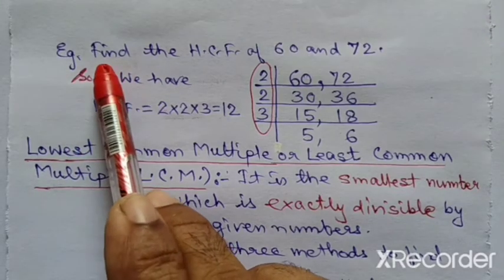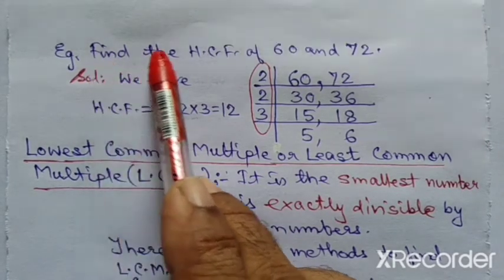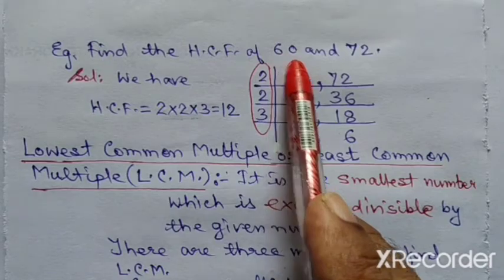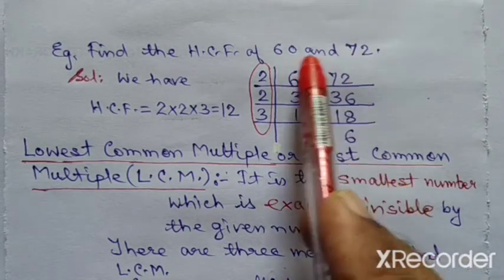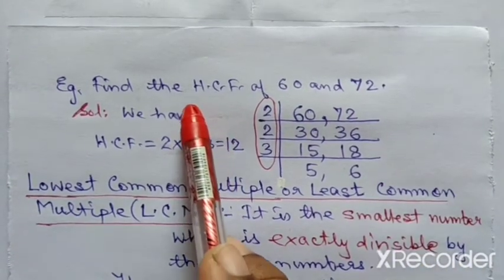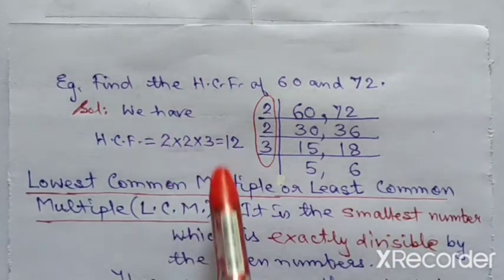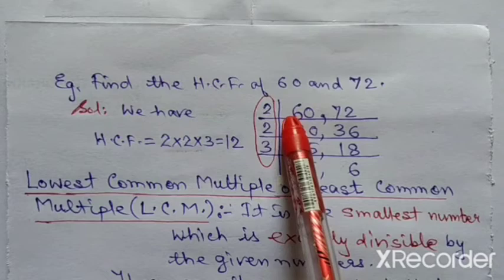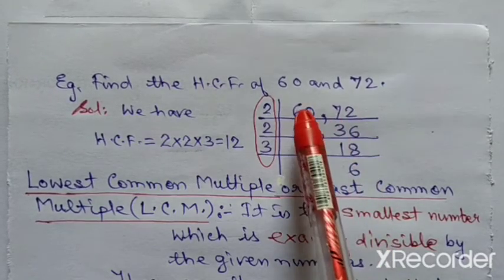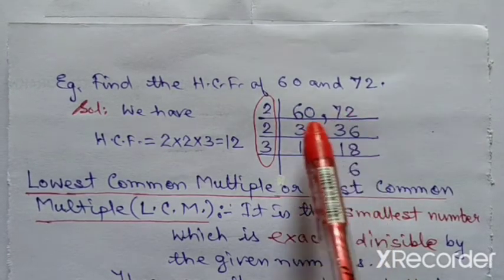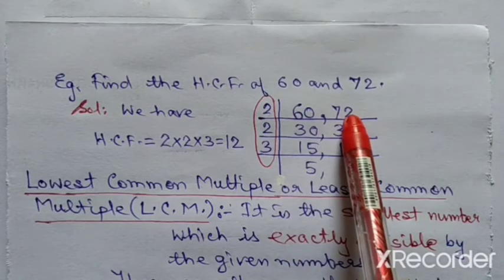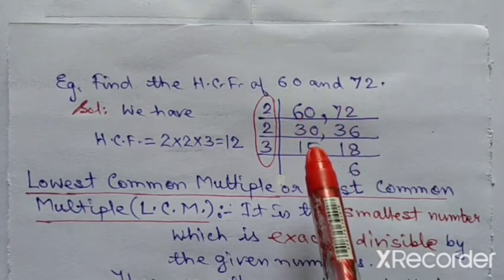Like for example, children, find the HCF of 60 and 72. As I told before, arrange the numbers in any order. So write here 60, 72. Now divide 60 and 72 both by a prime number.